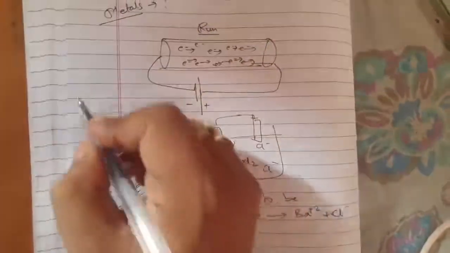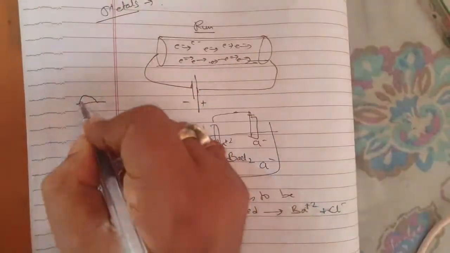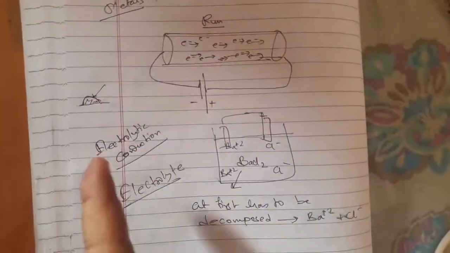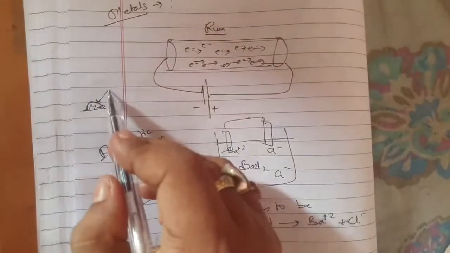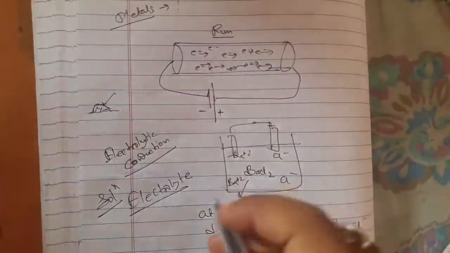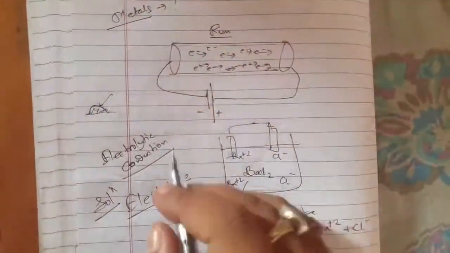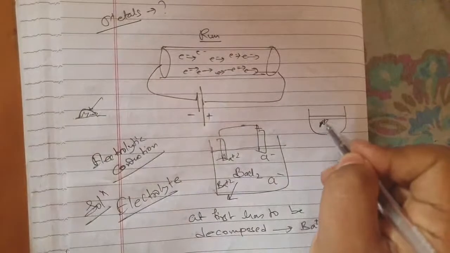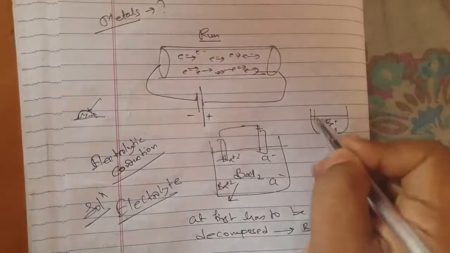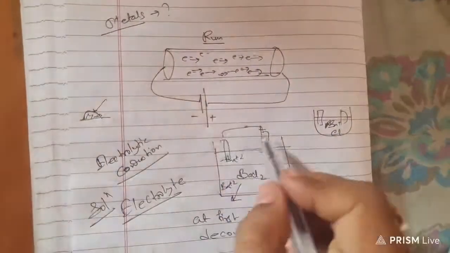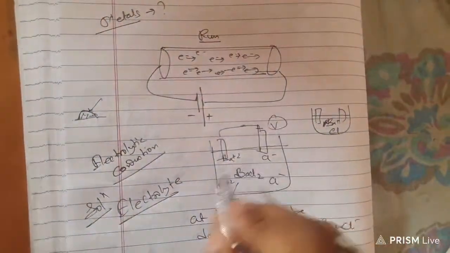Because if only a heap of salt is given, it will not conduct electricity, and the only reason is that because water is not present, they will not break down. Now, the fact is that they have already broken down when they were dissolved in water. But now when you have put the electrodes and applied the potential difference, now they will conduct.